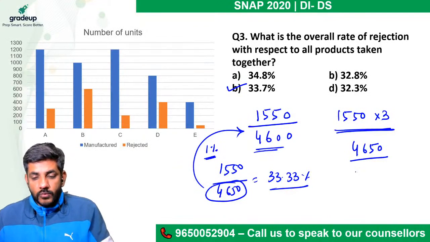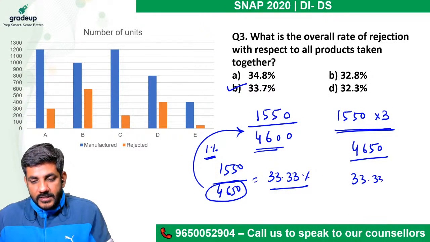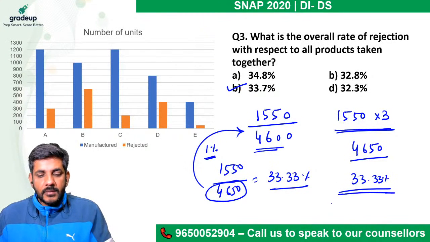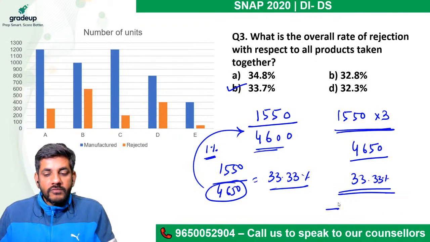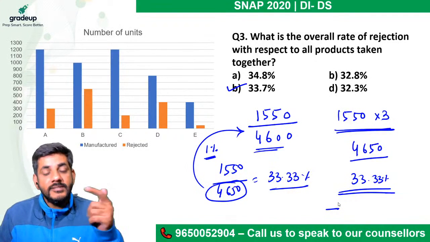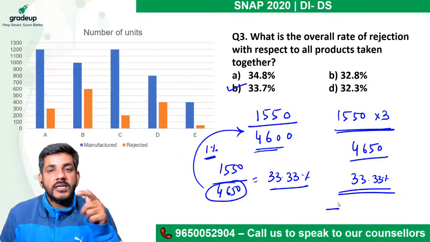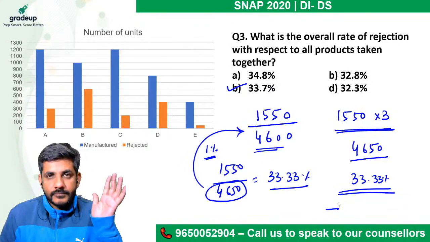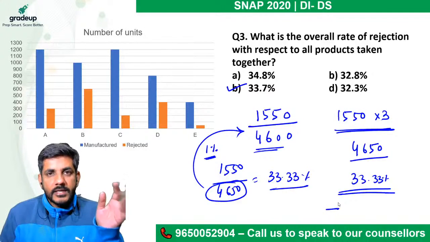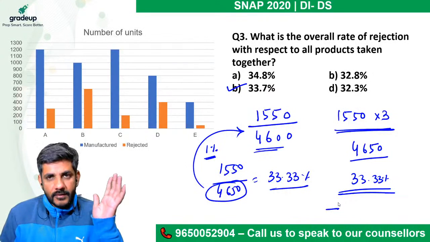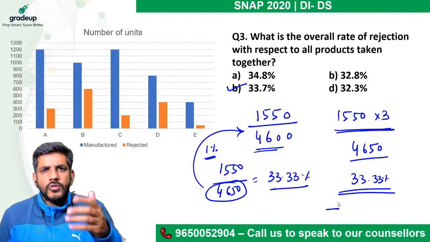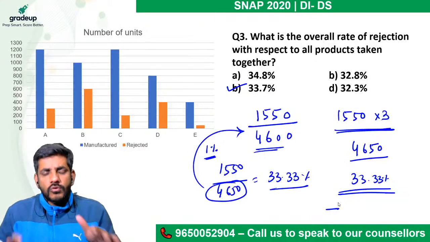If it was 33.33% and the denominator decreases by 1%, what will be the total change in my answer? What will be the increase in my numerator? The increase will also be approximately 1%, though not exact.